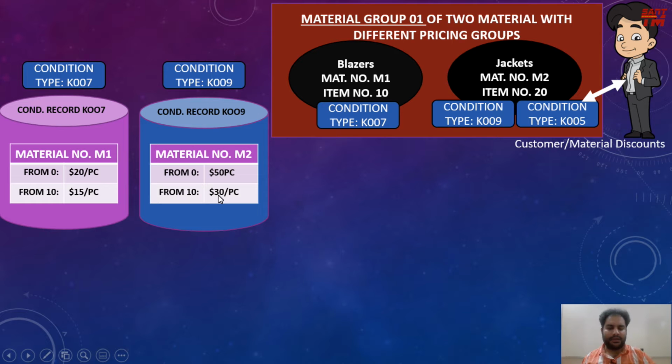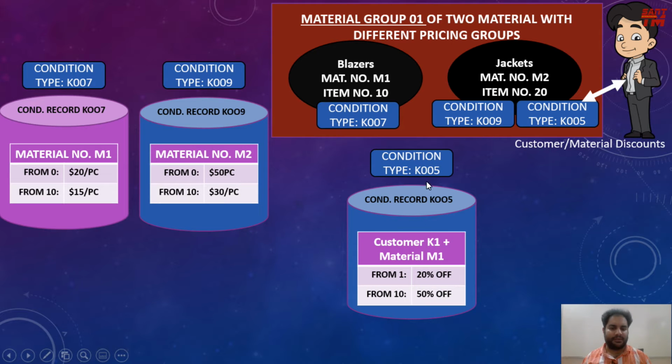Now here comes the condition type K005, that is the customer material discount, and here is its condition record.